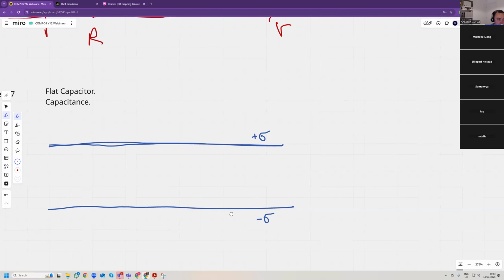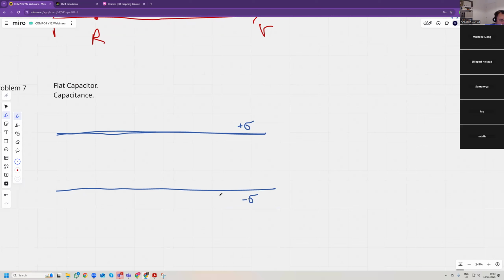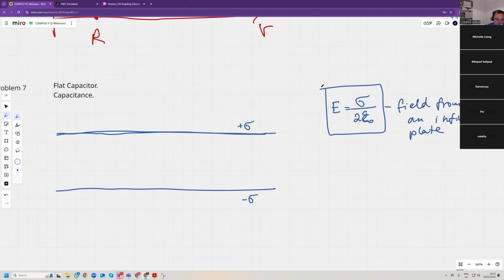And if you remember, the electric field from an infinitely charged plate is sigma divided by 2 epsilon naught. That is derived from Gauss's law.